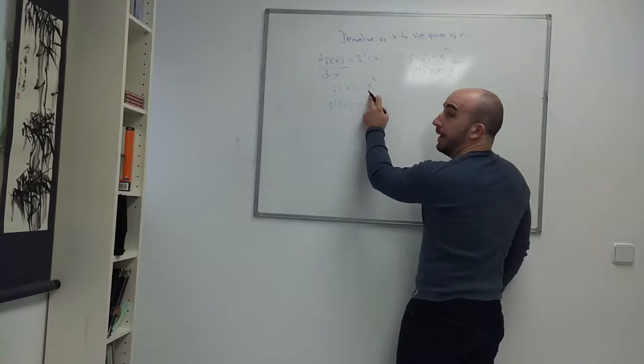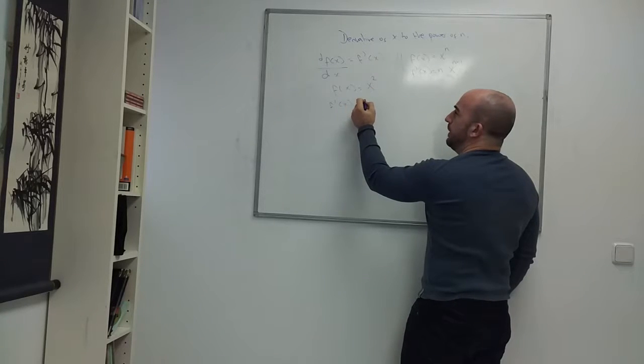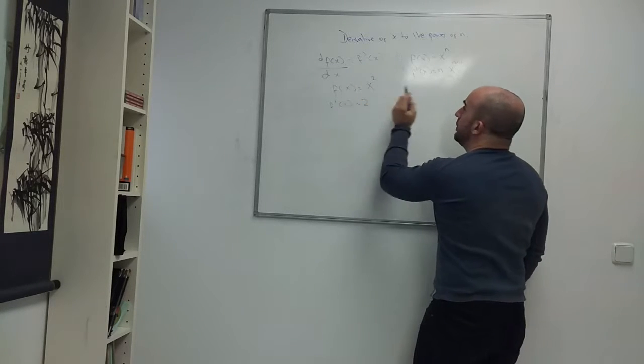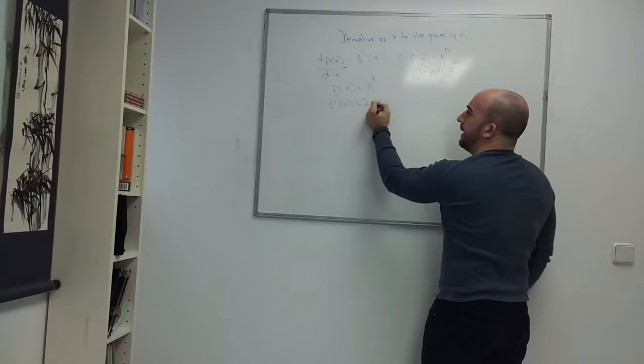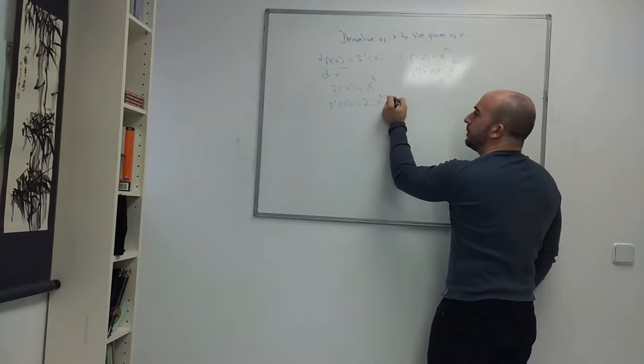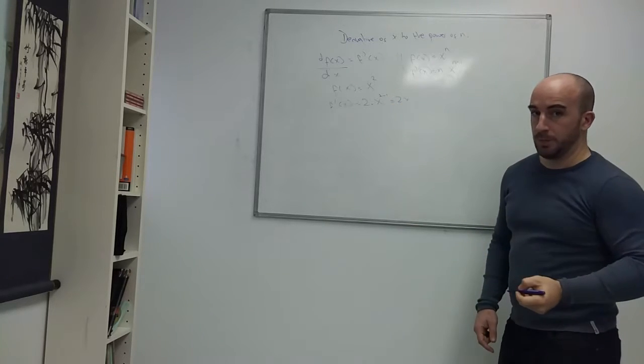So if we do x squared, f prime would be 2, we put the n downwards, times x to the power of 2 minus 1, equals 2x. Okay?